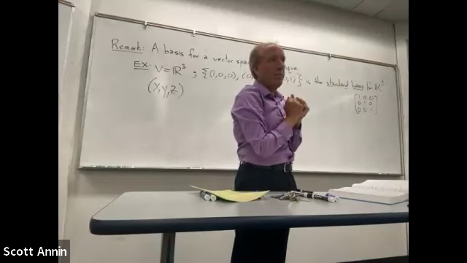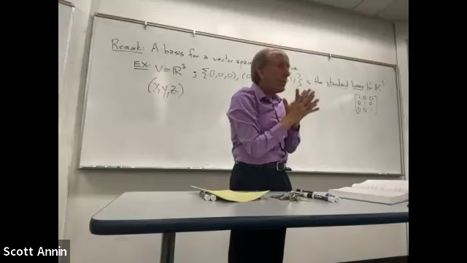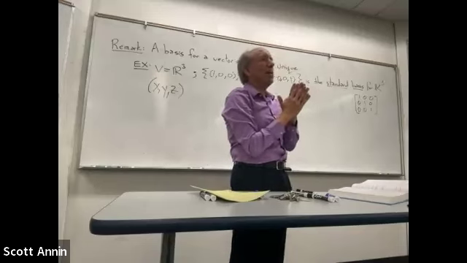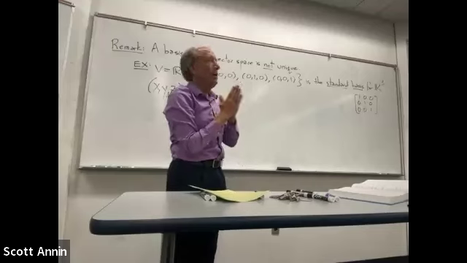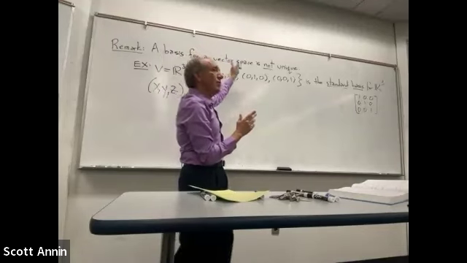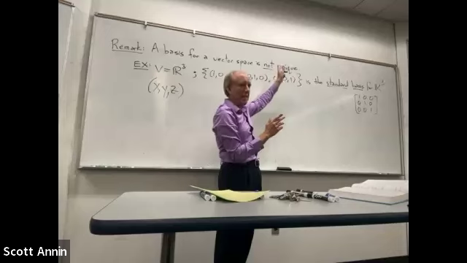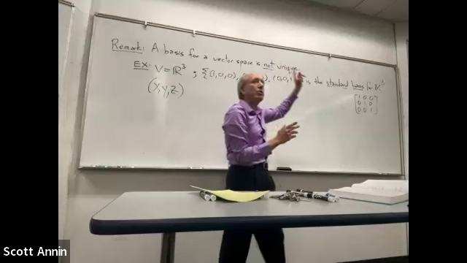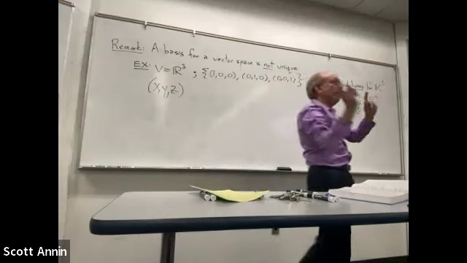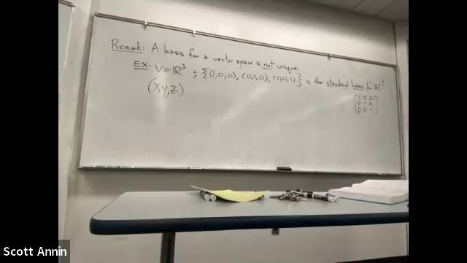It's a great question. I'm out of time. The thing I want you to think about between now and Thursday: I just said that a basis for a vector space is not unique. But is there something that every correct basis would have in common?